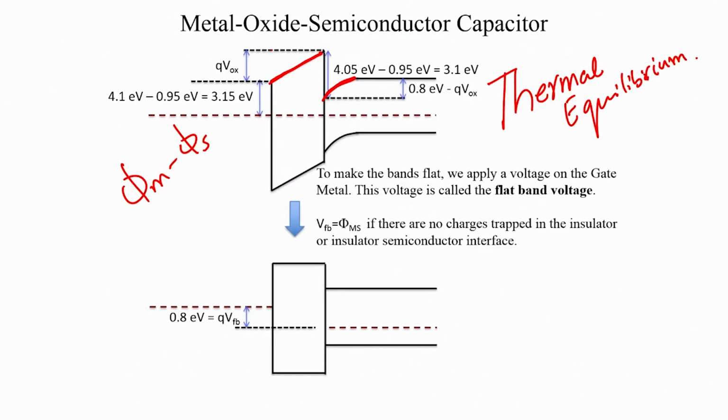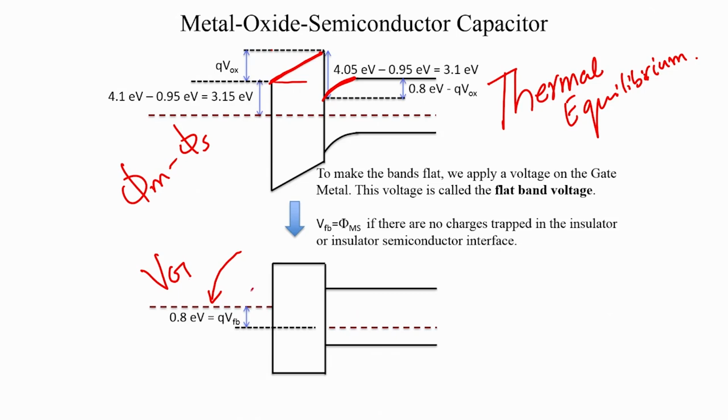I do not know if I am clear enough, but the point is, in order for me to get these bands to be flat again artificially, I need to apply a voltage on the gate, and by applying a voltage on the gate, we are essentially going to recreate the initial Fermi level difference.